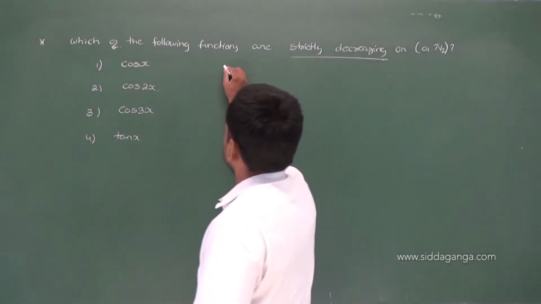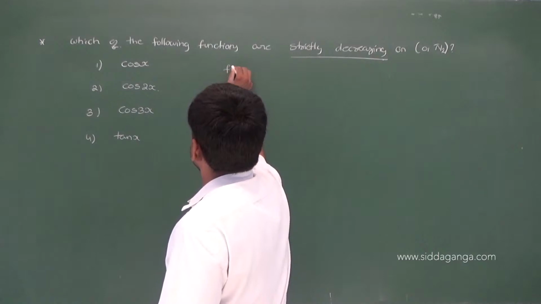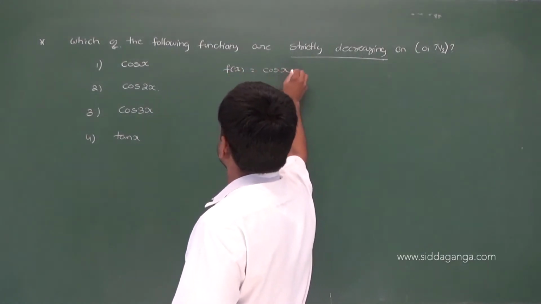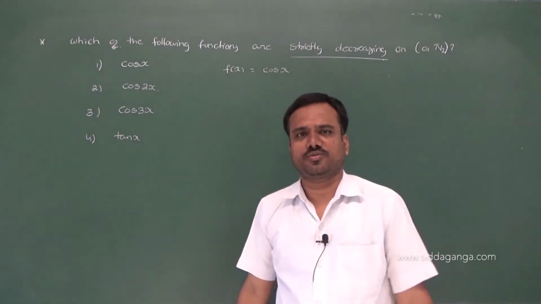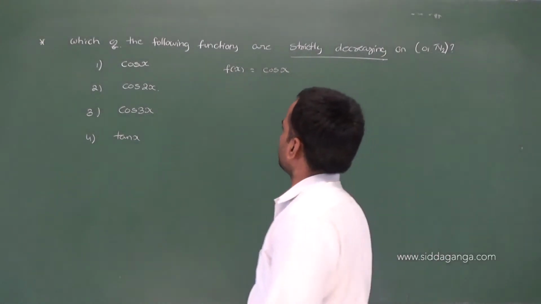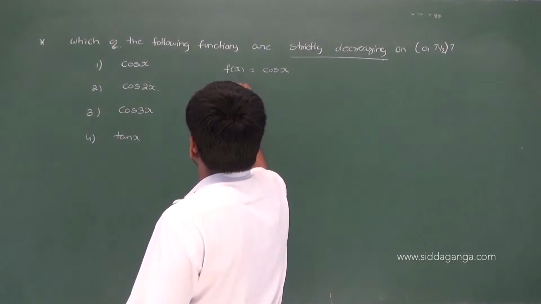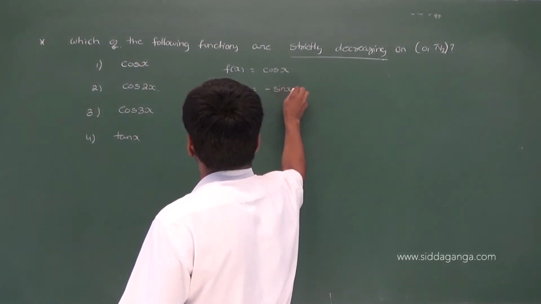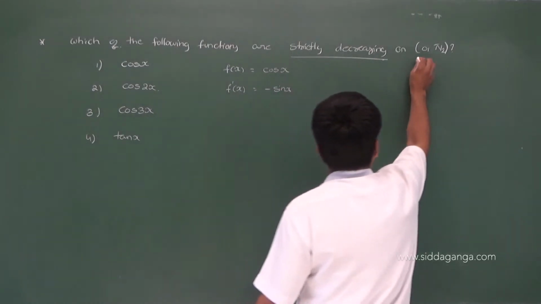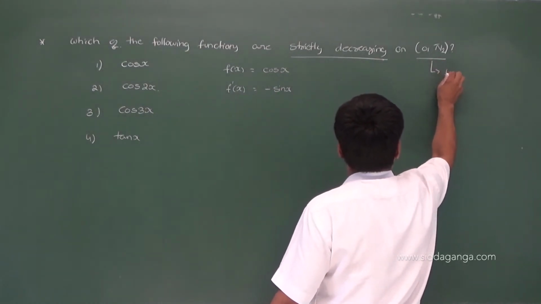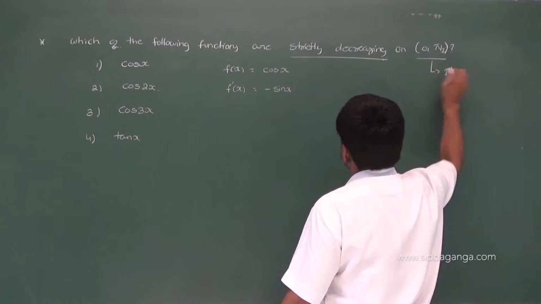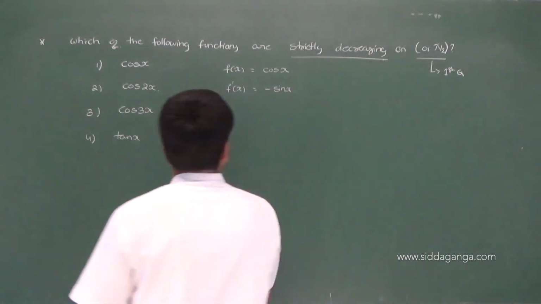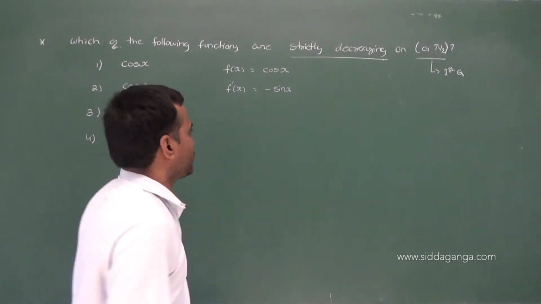First function, I take the first one. F of x is equal to cos x. F dash of x is minus sin x. 0 to pi by 2 means the first quadrant. F dash of x is minus sin x. Observe here.